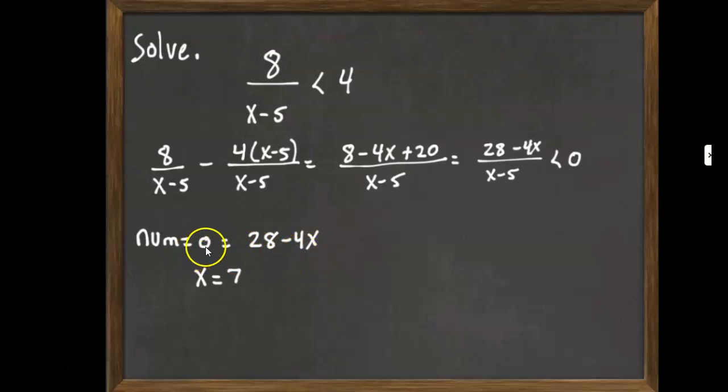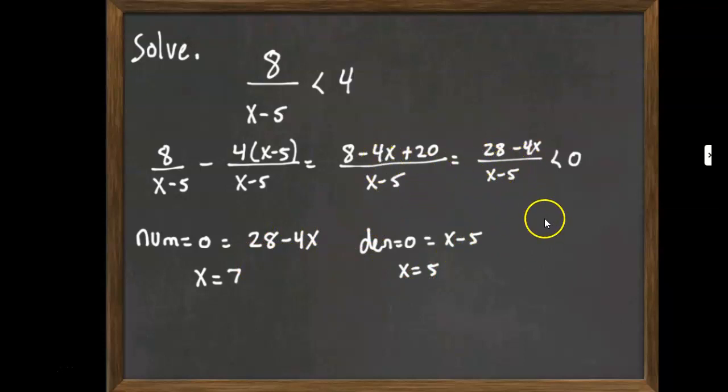We can bring the 4x over, divide by 4, and one of our key values is x equals 7. Likewise, when is the denominator 0? Well, when is x minus 5 equal to 0? Bring 5 over, we get x equals 5. So we have two values of interest here: one that makes the numerator 0, so it would make the whole thing 0, and one that makes the denominator 0, which would make it undefined.